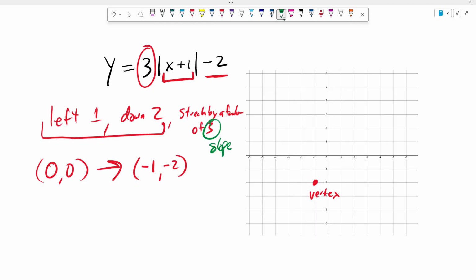It's going to be 3 and -3. So when we go to the right, we go up 3 over 1. Then to the left, it's going to be up 3 left 1. So we can graph these quickly with transformations if you understand each part and how it affects it.